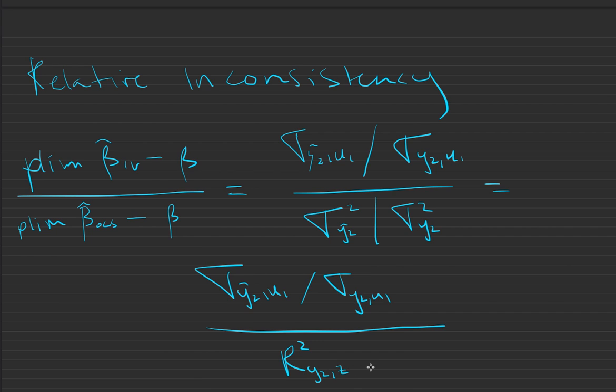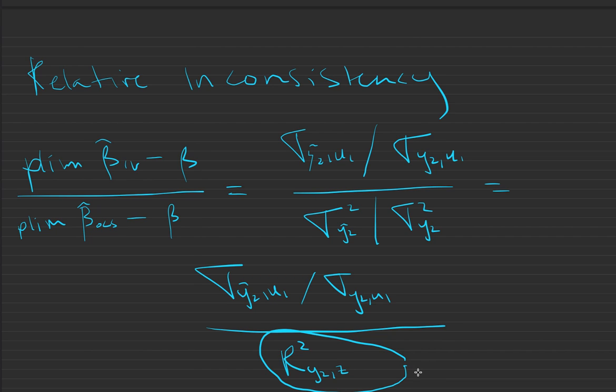So it's the coefficient of determination from the regression of y2 on z. Observe that the relative inconsistency of IV to OLS will be smaller the larger is the coefficient of determination from the regression of y2 on z.